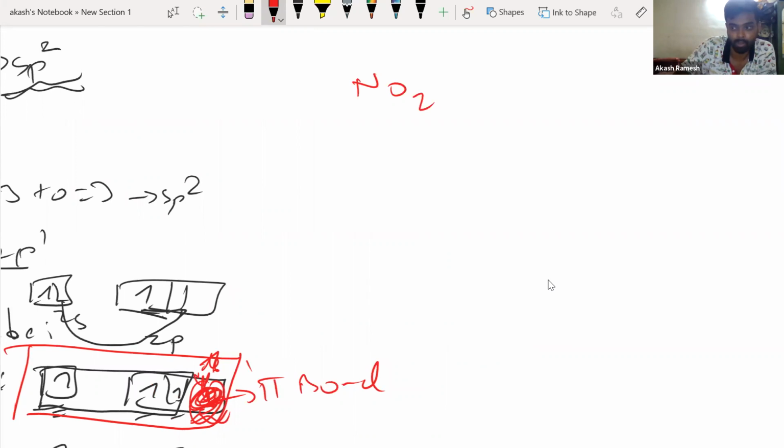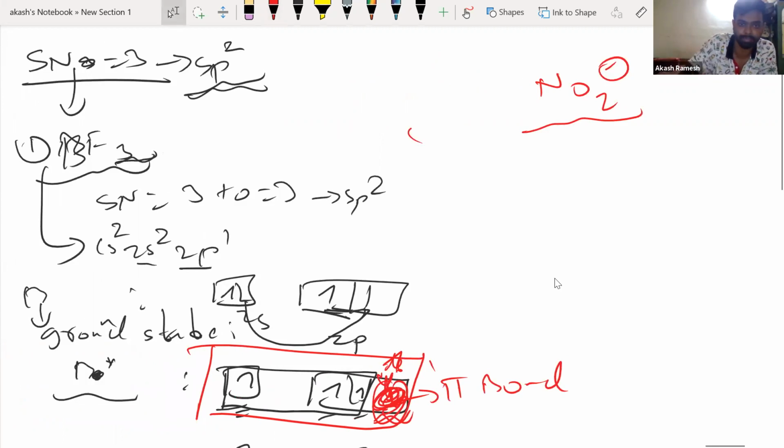So I will take the example of NO2 minus. I'll give you a minute to do exactly what we did here. Just give the hybridization, the number of pi bonds, and the number of sigma bonds. Try to do this.